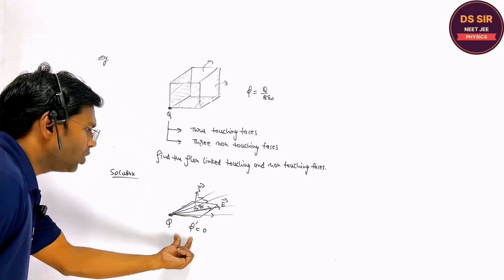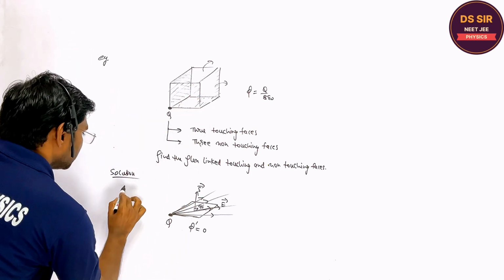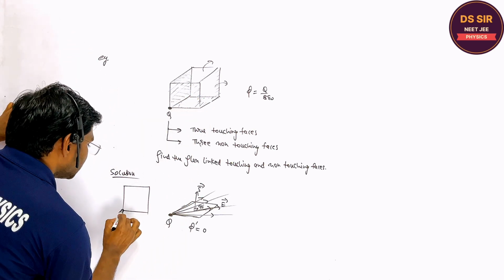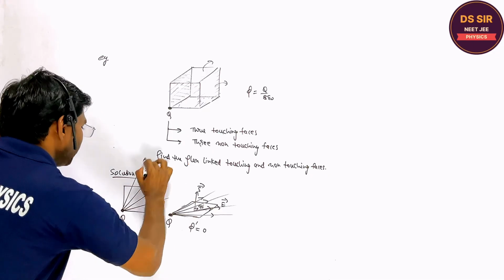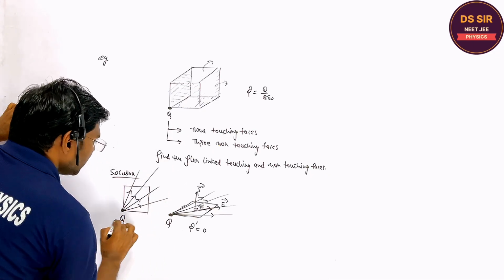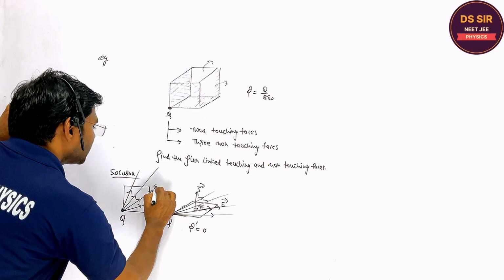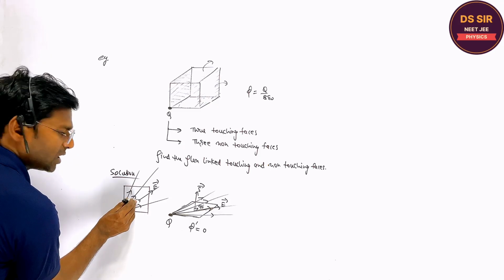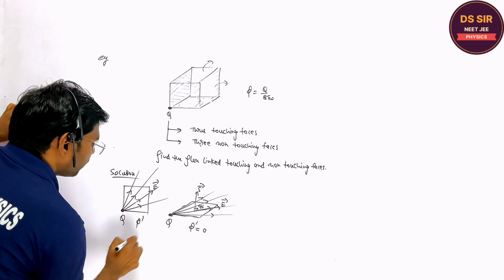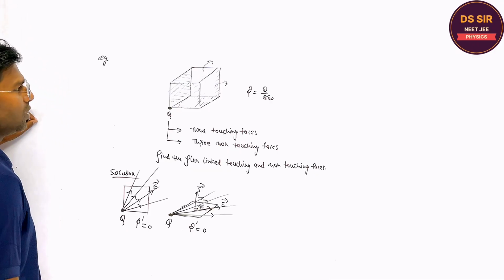Not only with this, rather if you consider the front face, this is the front face and this is the charge q. Because of this charge q, the electric field lines are in the plane of this surface. This is the electric field vector, suppose, and this is the surface area vector, which is 90 degrees. So for this face also the flux linked is 0.